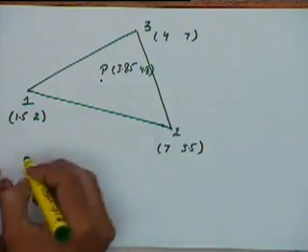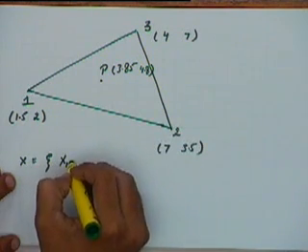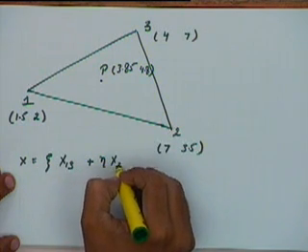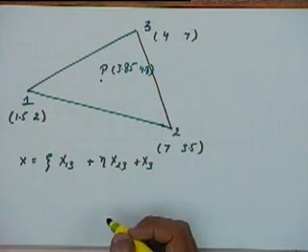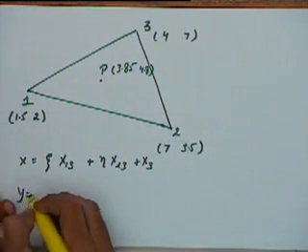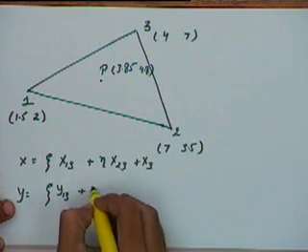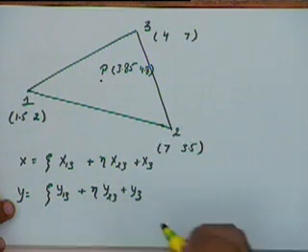So I know x is equal to zeta times x13 plus eta times x23 plus x3, and y is equal to zeta times y13 plus eta times y23 plus y3.